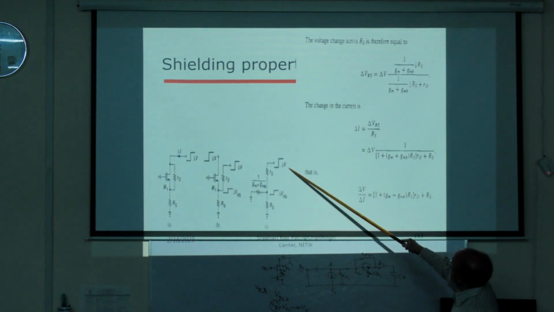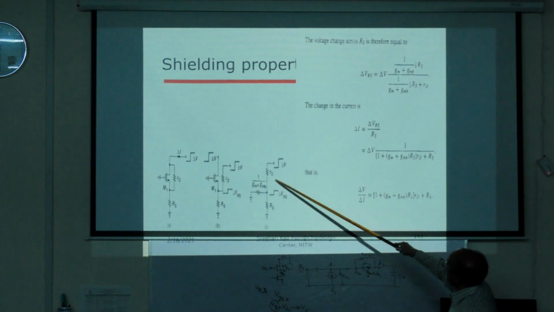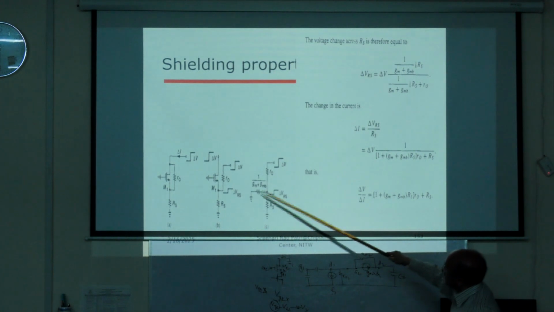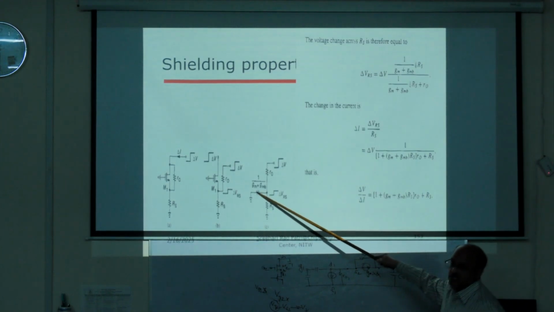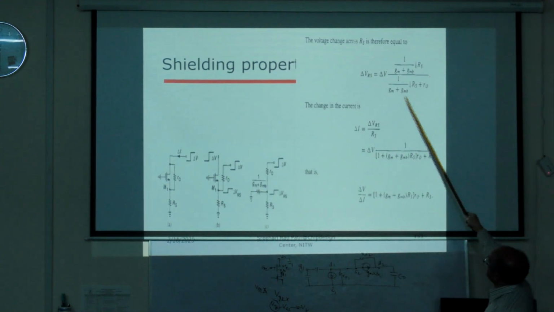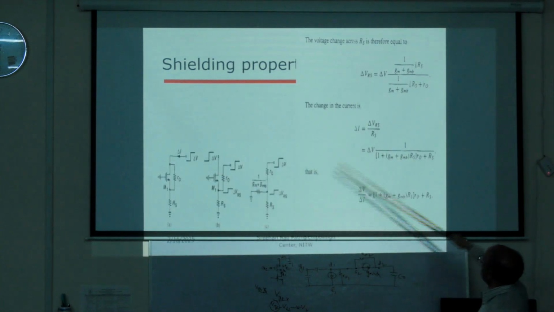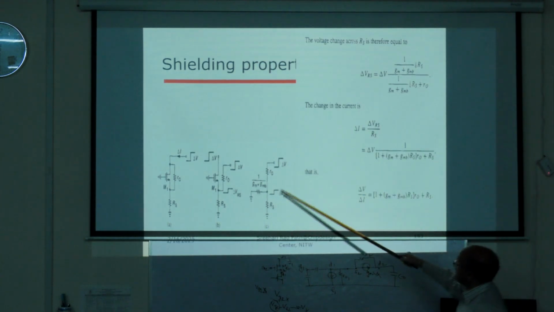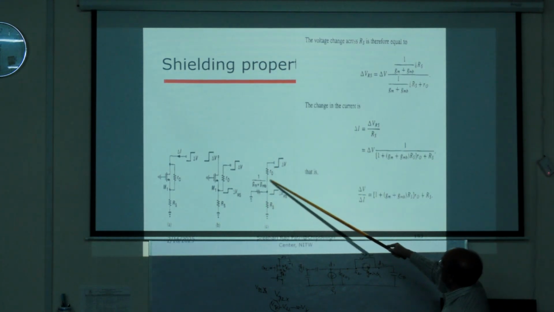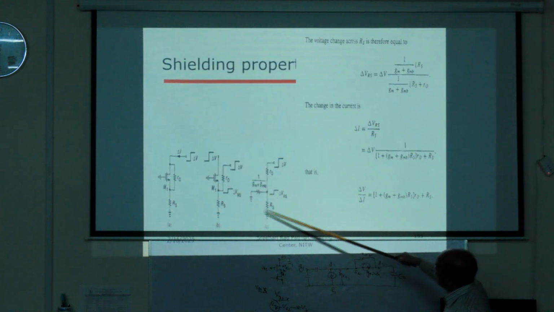Delta V I am giving here, delta V divided by, what is this? This is R0 plus, these two are in parallel: RS in parallel with 1 by (gm plus gmb). So all this gives me current here, multiplied by 1 by (gm plus gmb) in parallel with RS. That is because I want this voltage, right?